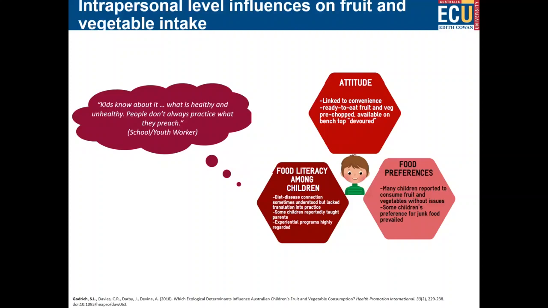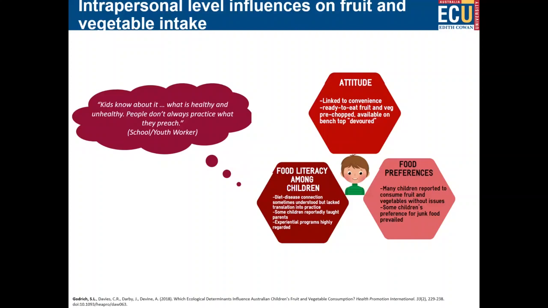In terms of food literacy, children's understanding of how to prepare food and how to select food was important. Some children, because they were learning lots of skills through settings like schools, were reportedly able to teach their parents, so their own level of knowledge and skills was quite good.